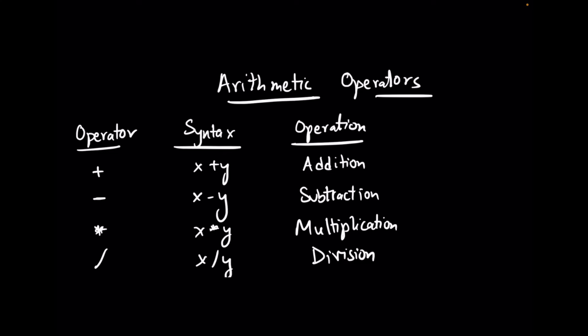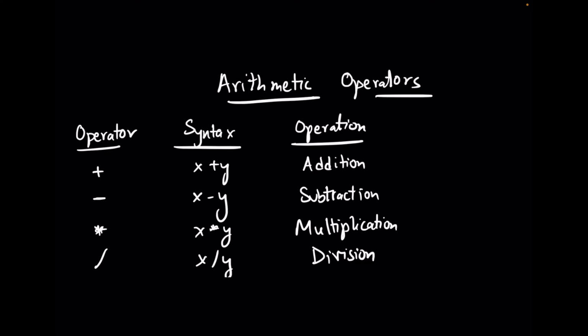Here you can see the first operator is plus. The syntax for this is x plus y, and the operation it performs is addition. Similarly, we have minus, this star sign, and this slash. Minus performs the subtraction operation, which is obvious. This star sign performs the multiplication operation, and we've used this also in our previous code.